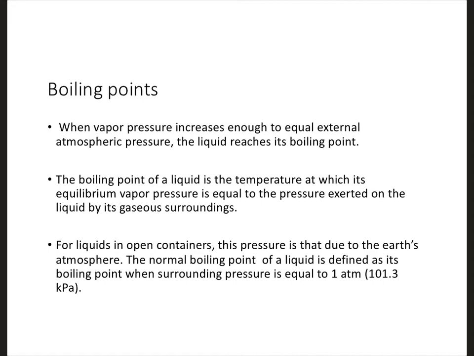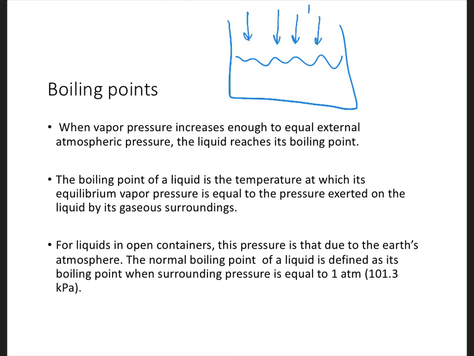So boiling point is another way of describing the likelihood that something is going to go from the liquid phase into the vapor phase, from the liquid phase into the gas phase. When the vapor pressure of that liquid is the same as atmospheric pressure, boiling occurs. So if you think about this, if you've got that liquid, atmospheric pressure is pressing down with 1 atmosphere of pressure.